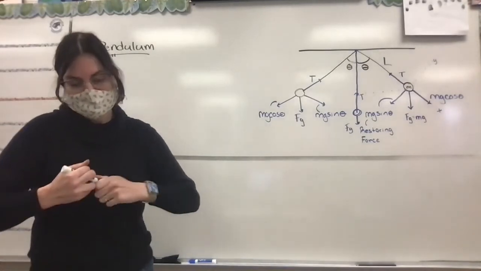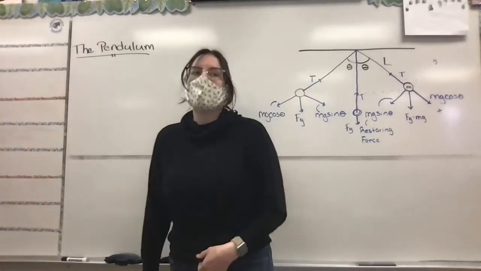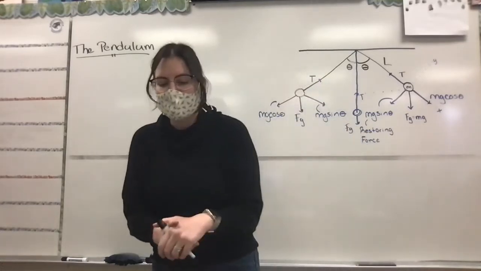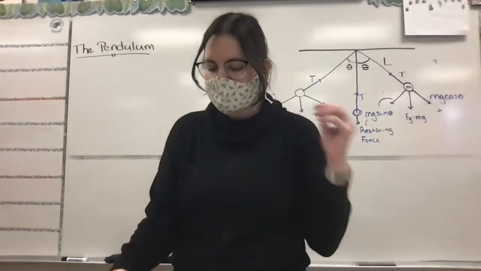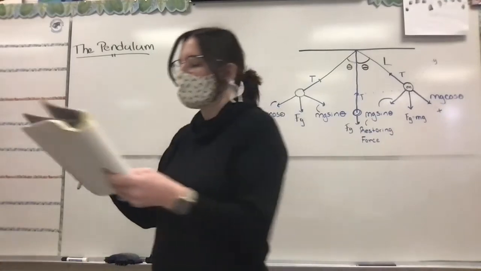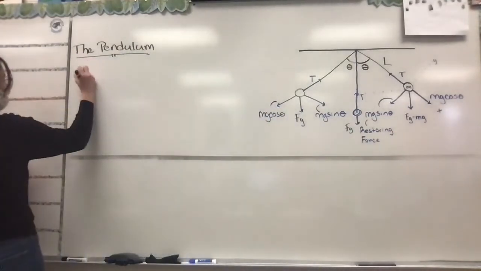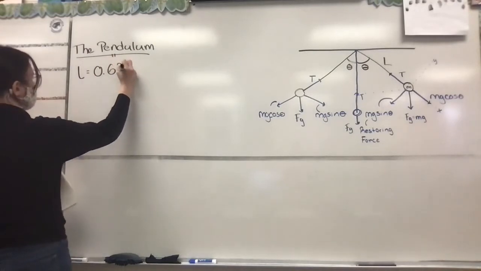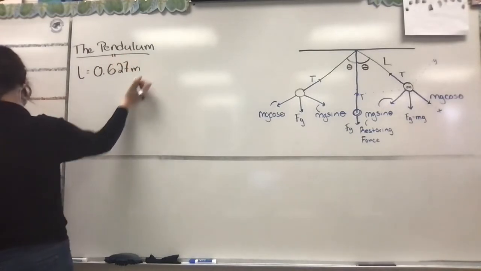So, we're going to tie this back to some prior knowledge, okay, you guys? Let's say we've got a pendulum and it's constructed from a string, and the string has a length of 0.627 meters.